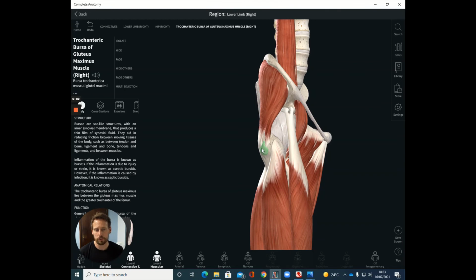So if we're suddenly and quickly increasing the amount of exercise that we're doing, that can put a lot more stress and strain through these tendons, and it upsets the balance of collagen turnover within the tendon and can lead to this imbalance, which then can lead to the tendon becoming painful. So if you're suffering with this type of lateral hip pain, best thing to do is get it assessed.